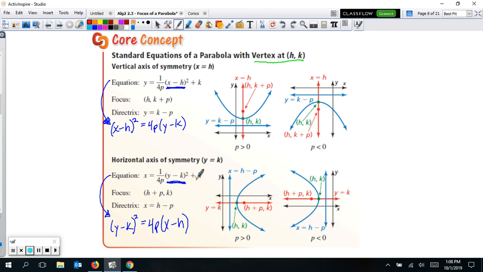And again, I solved them for the squared parenthesis part to get to this. It's just a different way. You can rearrange this equation, and a lot of times they like to have the equation written out this way, where your squared part is by itself, and then everything else is on the other side. It's also an easier way sometimes to figure out what p is, because you don't have to worry about the fraction. All right, so let's get into the extra practice.